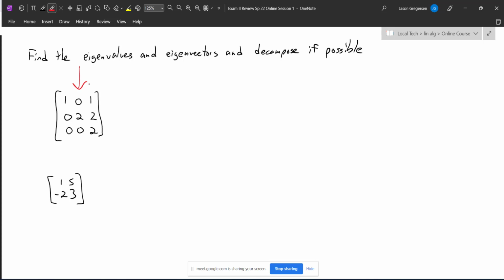Is this matrix diagonalizable? All right, let's take a look.